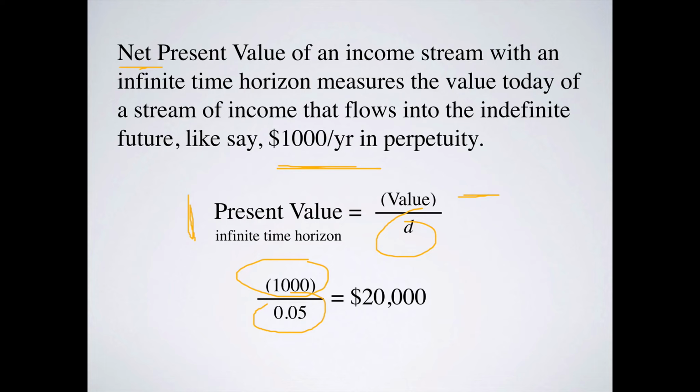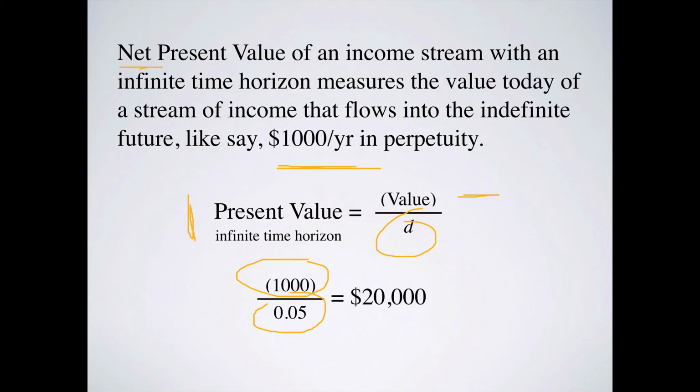It's a lemonade stand that generates $1,000 a year in income. I want to buy your lemonade stand. I'll give you $20,000 for it. That's what I've calculated to be the net present value. That's what I'd be willing to pay in order to gain access to that income into the future. That's net present value over the infinite time horizon.